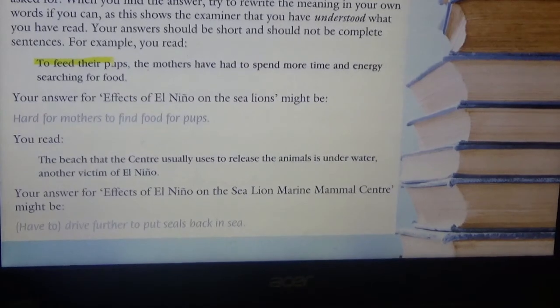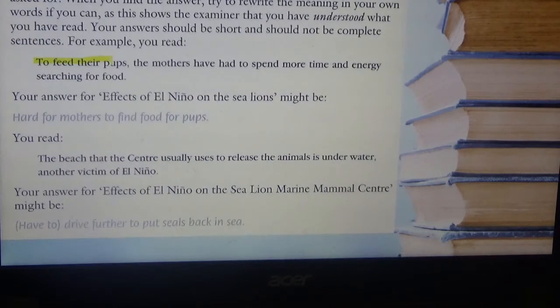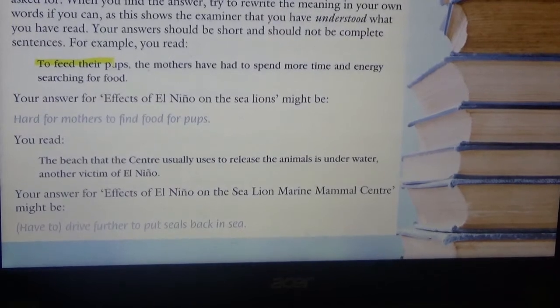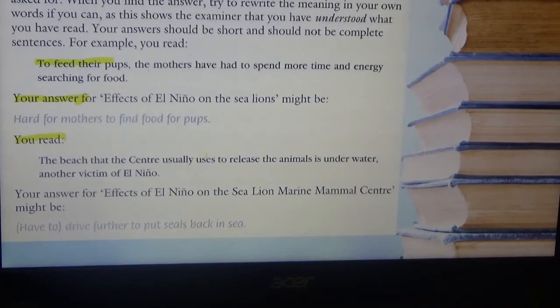Now, your answer for effects of El Nino on the sea lions might be hard for mothers to find food for pups. And how will you read it? This will be your answer here. The beach that the center usually uses to release the animals is underwater.